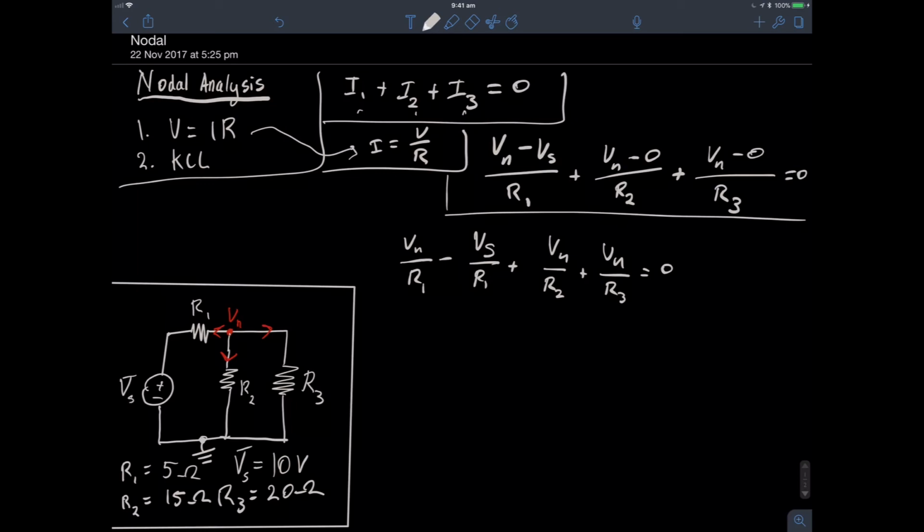Just simplifying, I'll bring that Vs on R1 onto the right side, so adding Vs on R1 to both sides. Alright, so now I'm just going to factor out that Vn because it's actually in all of the terms on the left hand side.